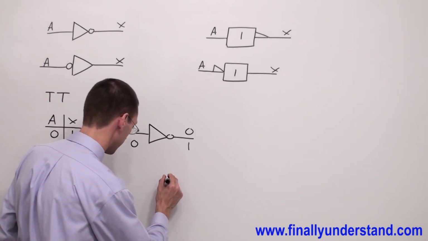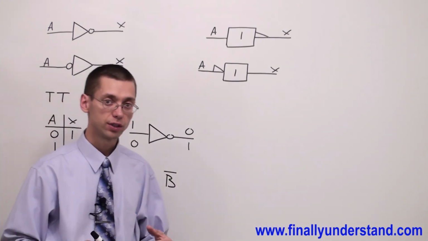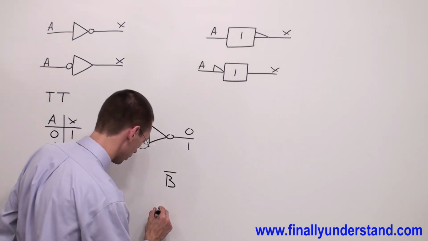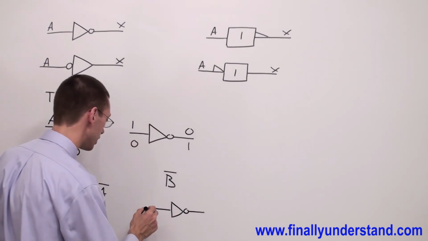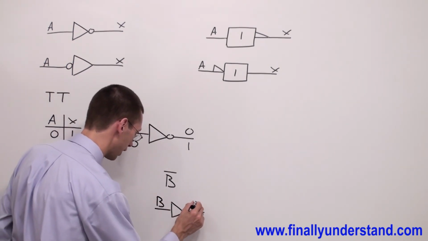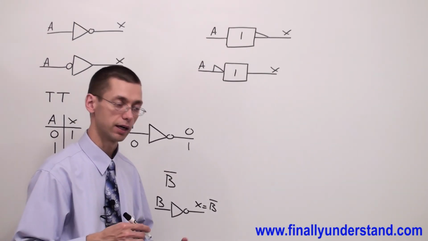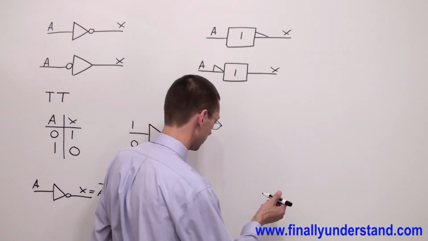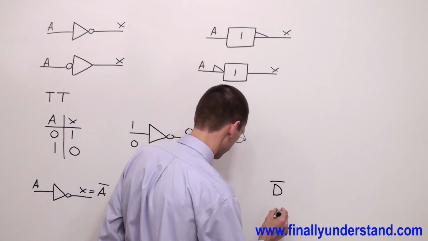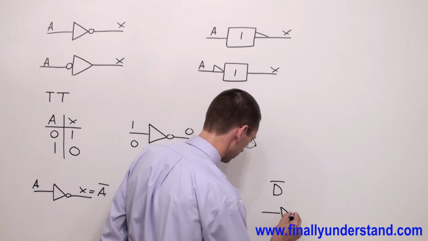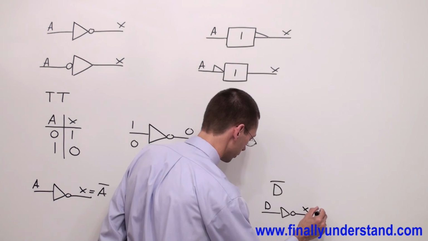If you see the expression B not, without long thinking, you are supposed to draw or think about the inverter which has input B, and the output is going to be equal to B not. Let's say at another time you see, for example, the expression D not, automatically you are supposed to think about an inverter which has input D, and X is going to be equal to D not.